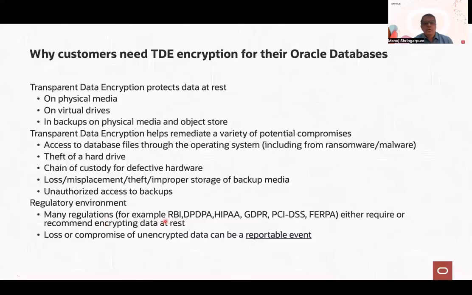RBI talks about encrypting at rest. The recently notified Digital Personal Data Protection Act also talks about encryption. And what could be the consequences? If there's a breach, DPDP prescribes a huge fine in case you have not taken sufficient security safeguards. This could also lead to multiple issues as well as facing regulators.